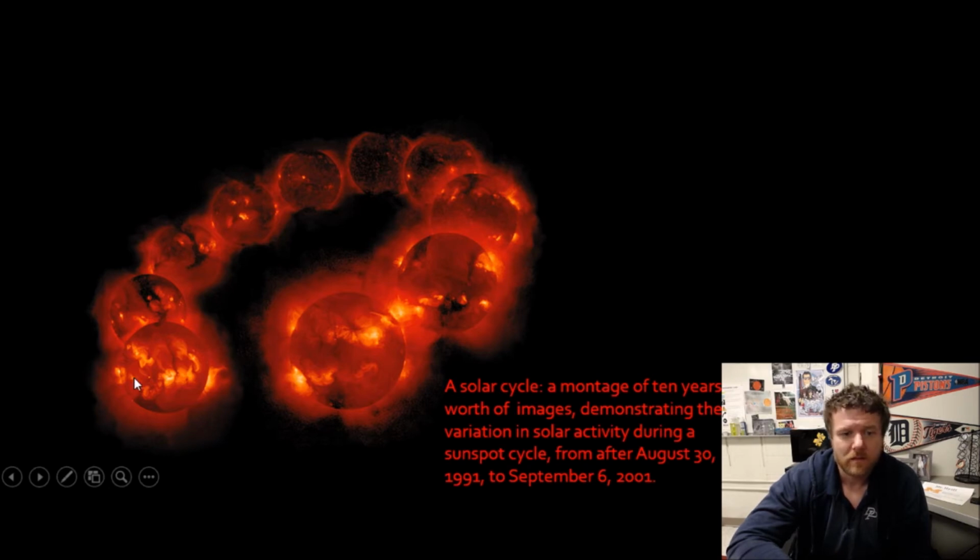This is the composite for an entire year. That's the next year, and you can see that over time, you go from not a lot of sunspots to virtually nowhere on the surface of the sun that didn't have a sunspot, back to hardly any sunspots. This is the sunspot cycle, where you go from hardly any to a whole bunch, back to hardly any.